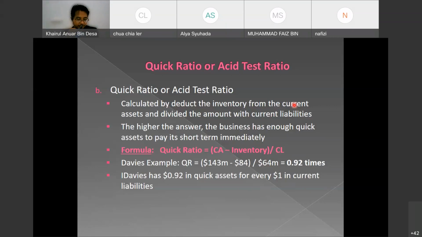Account payable. Okey. Satu. Yang lain-lain tolong chat box. Saya panggil Nafizi to make sure he is in our class. Tolong dekat chat box. Apa lagi Nafizi? Apa?